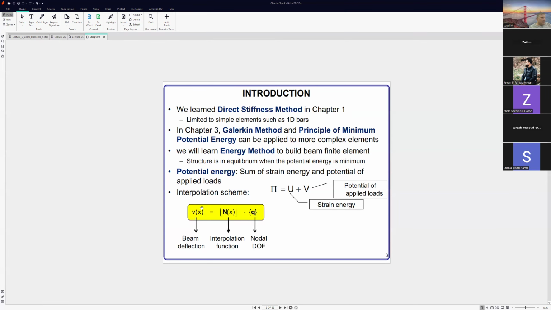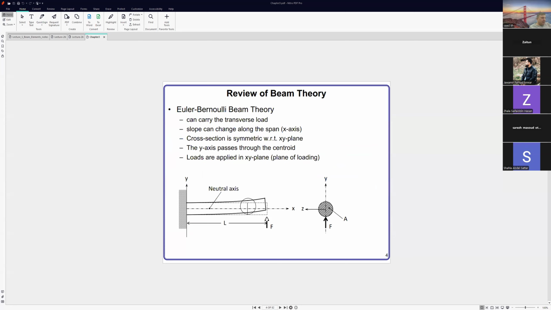Now, here we have v of x, which means the beam deflection is equal to the interpolation function N times q, which is the nodal degrees of freedom.